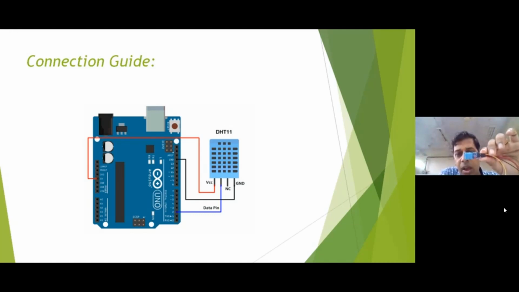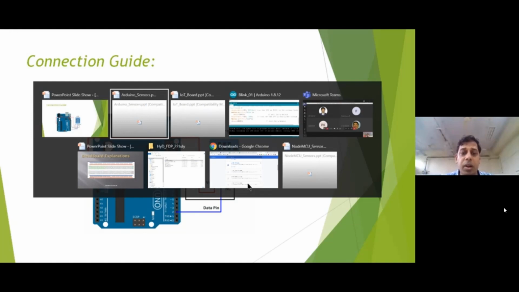Another pin is the ground pin, you can connect it to any ground pin of your board. The next important points are one pin not connected and one data pin. The data pin carries the data you are fetching, temperature and humidity. This is the small circuit diagram. I'm going to show how to make this circuit and how to take the reading.